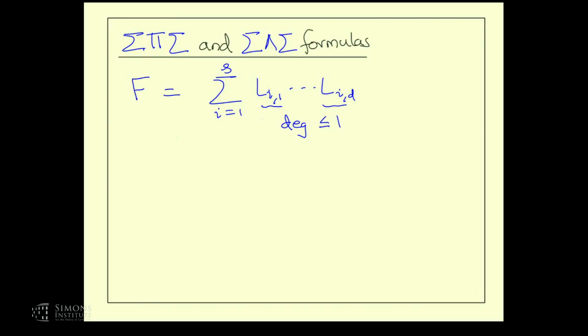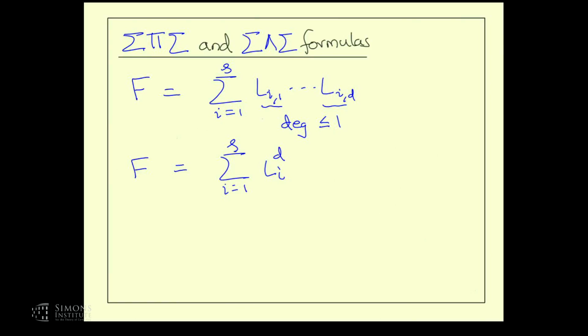It's an even weaker model that's sort of interesting. And this is related to what Christian was speaking about in the morning, where instead of allowing these products to involve different linear polynomials, you just force them to be the power of the same linear polynomial. So it's just a sum of powers of a linear polynomial, and I'll call this a sigma power sigma formula.